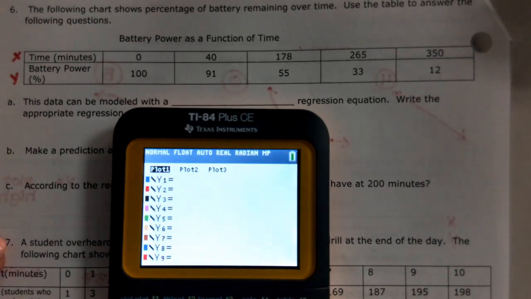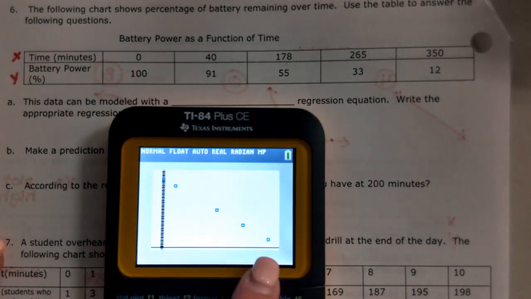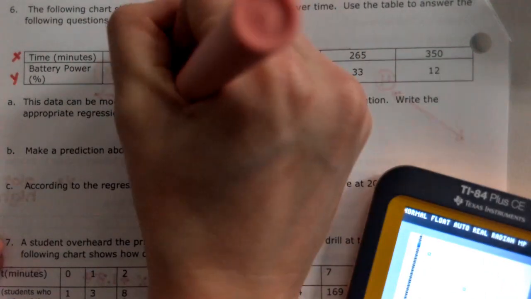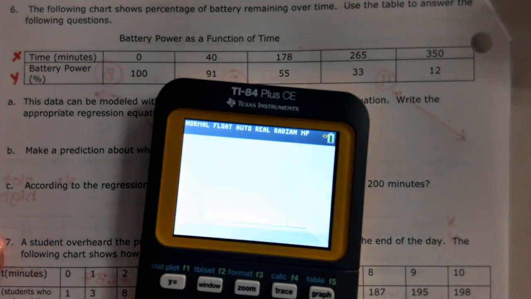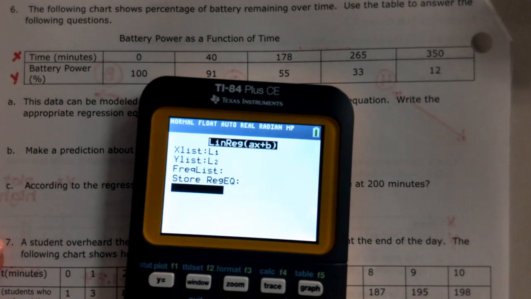Go to Y equals. Plot 1 is still highlighted, so zoom 9. Looking at this, this looks linear, right? Because it is a straight line. So Stat, right, and we're going to do 4 for linear regression.